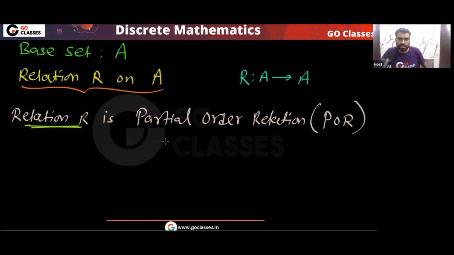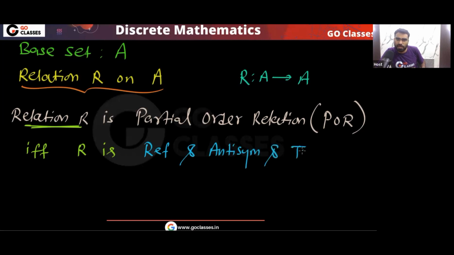R is a partial order relation if and only if R is reflexive, antisymmetric, and transitive. All these three properties must be there, so you just have to check these properties.